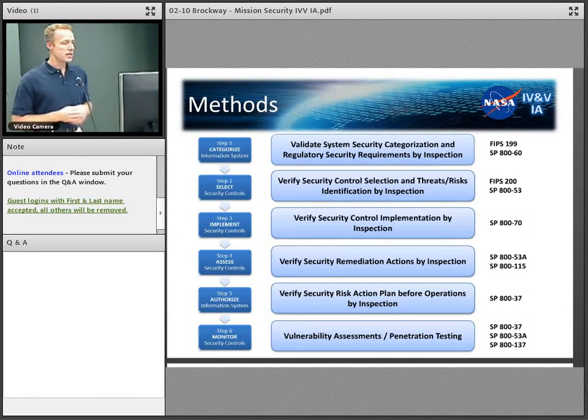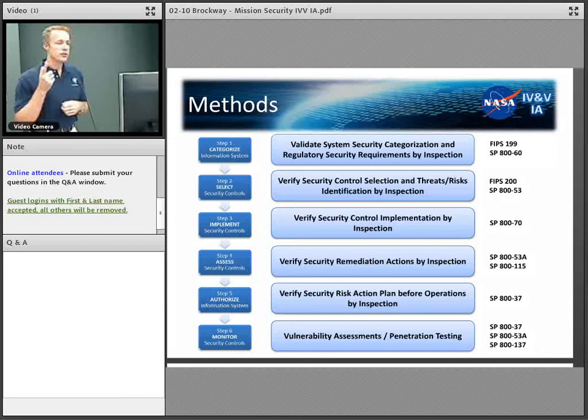Then we have a structure that we navigate to help analysts validate and verify the security controls. Again, not determine whether something has been documented, but actually validate and verify the security controls through the life cycle of the system. Then we have instituted vulnerability assessments and penetration testing capabilities to also assess those security controls in the monitoring phase as well as in some of the other phases.